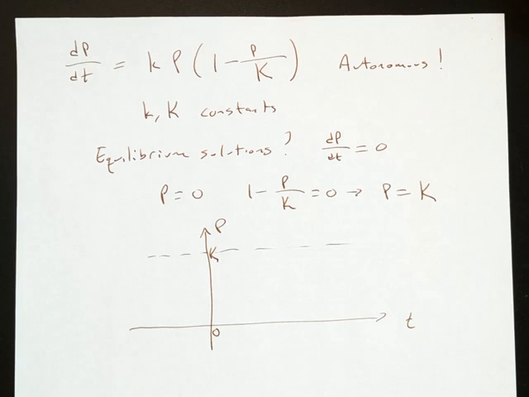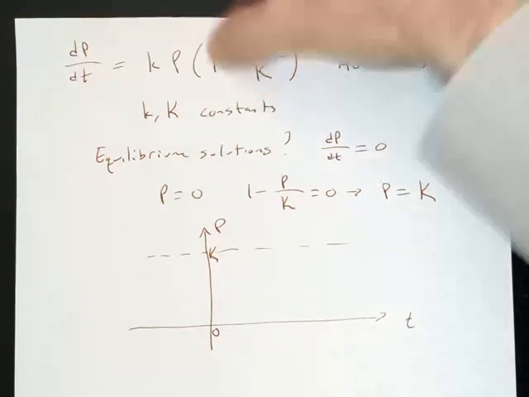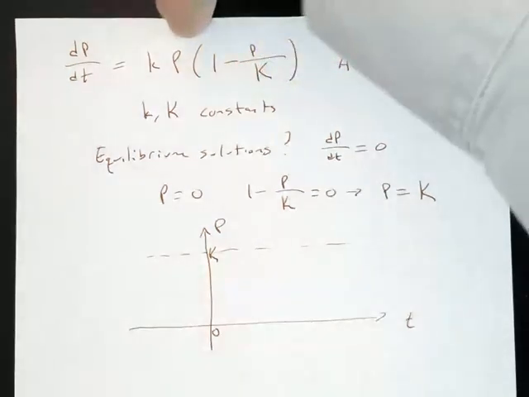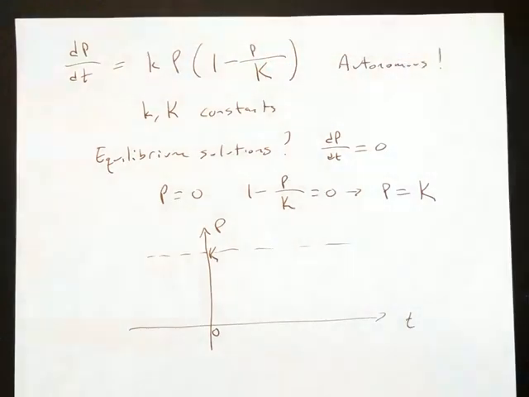I'm going to cheat and not pick any numbers. I'm just going to look with some ideas here. Let's suppose that P is a negative number. If P is negative, when I put a negative in here, I'll have 1 minus a negative. That term will be positive, but this will be negative. Positive times negative means negative.